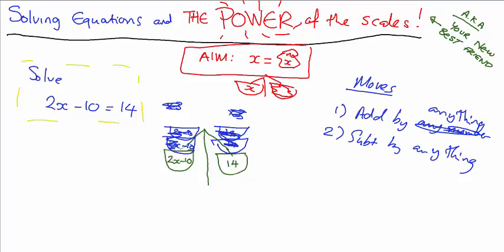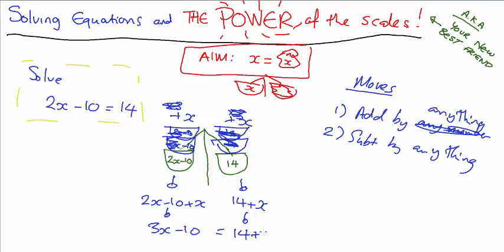I'll clean this up in a second. If we have this and I decide to add x to this, obviously I don't know what x is, but as long as I add the same x on the other side, I've still got a balance. And that will also change the equation. Using simplifying, this would now become 3x minus 10. This side, 14 plus x, you can't really simplify. So we can change it to that.